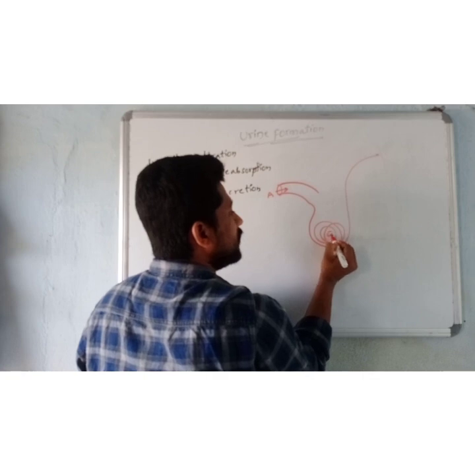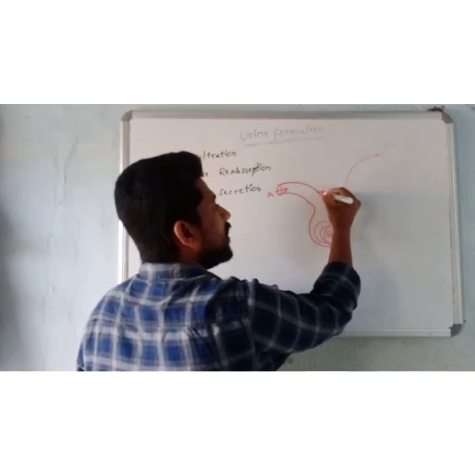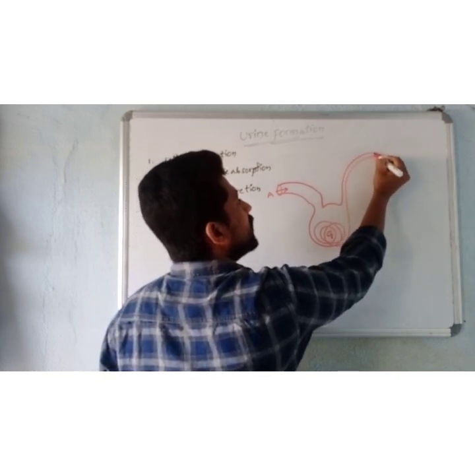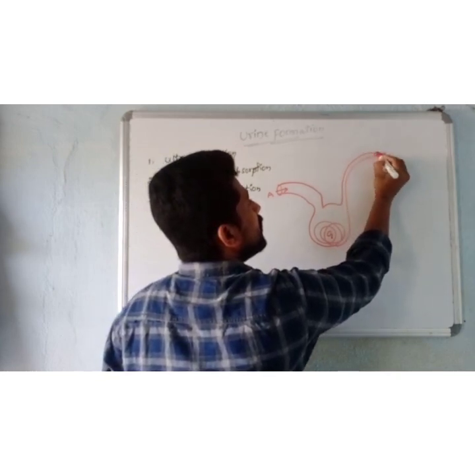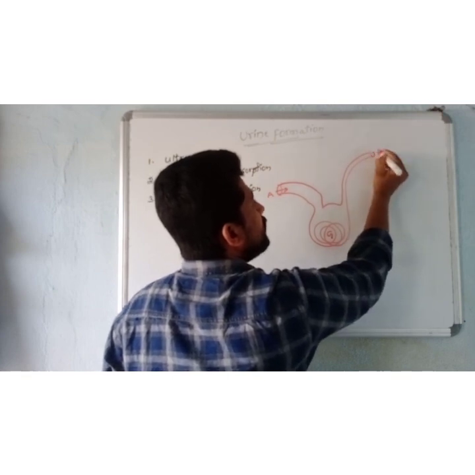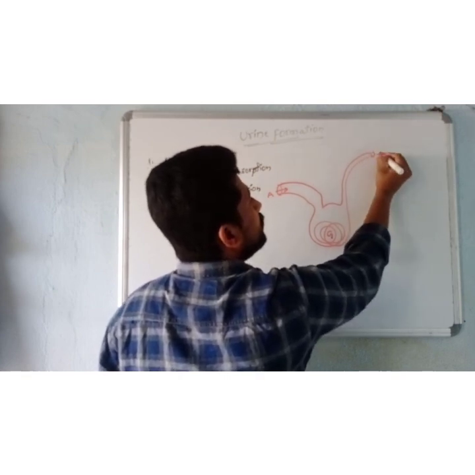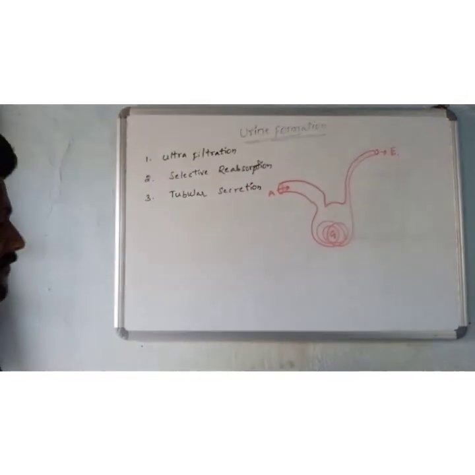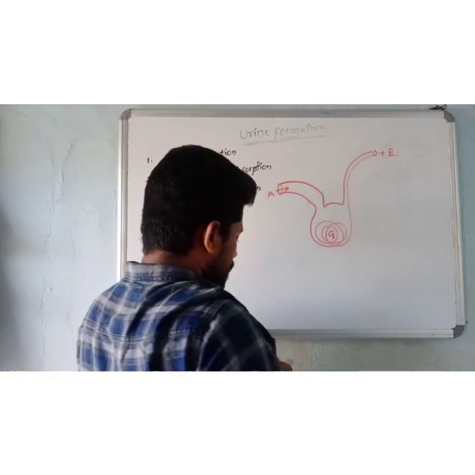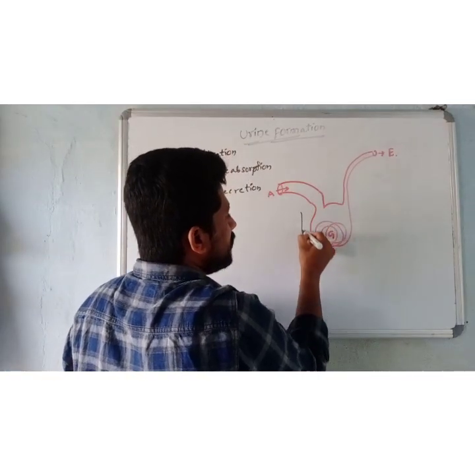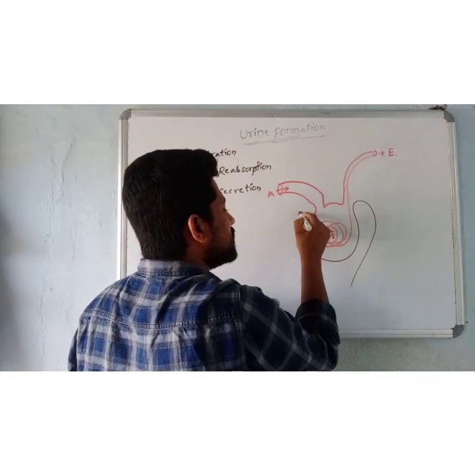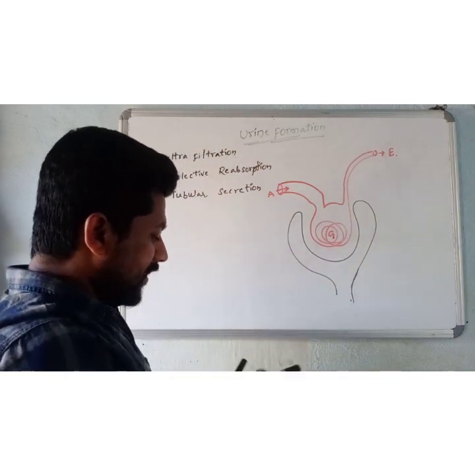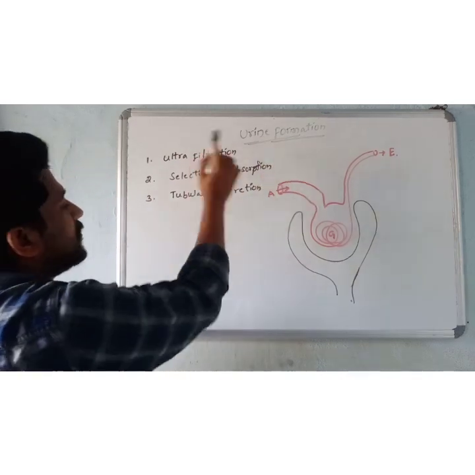And from here, this is our efferent arteriole. Here, this is our Bowman's capsule. Let's see the urine formation here.